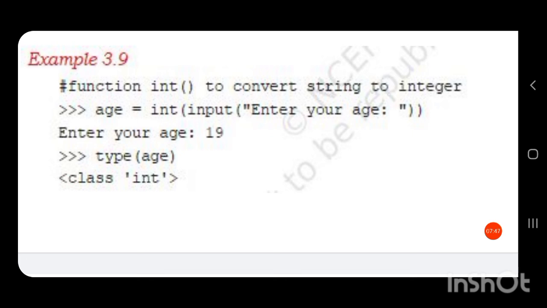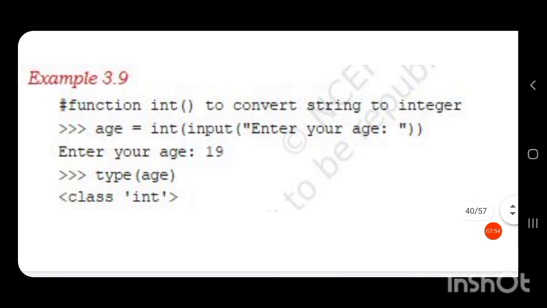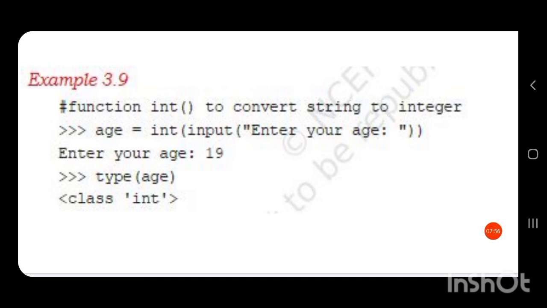So what happens here is the input function now takes the value 19, then int is a function. So the int function will convert that string 19 into an integer value 19.